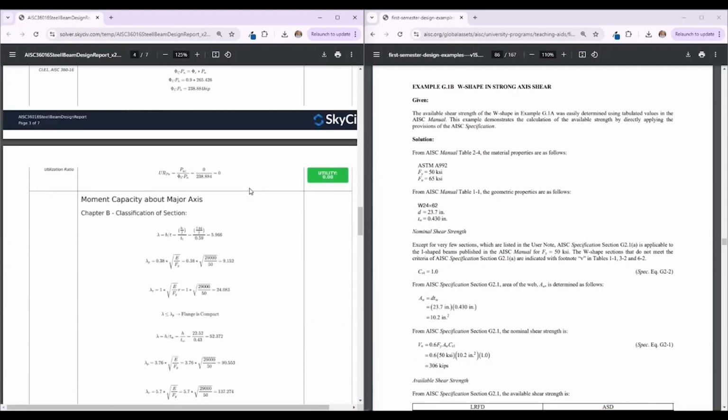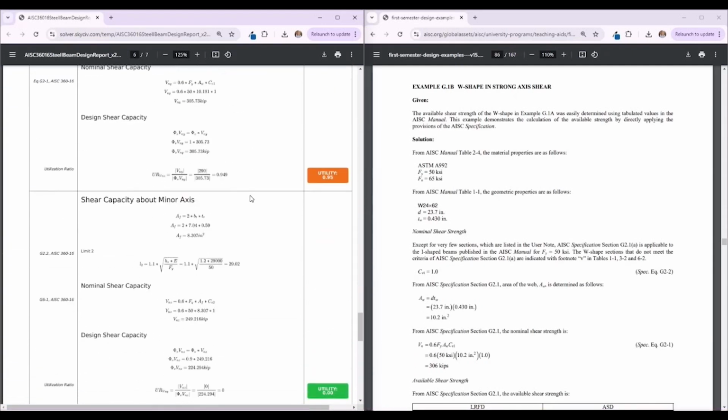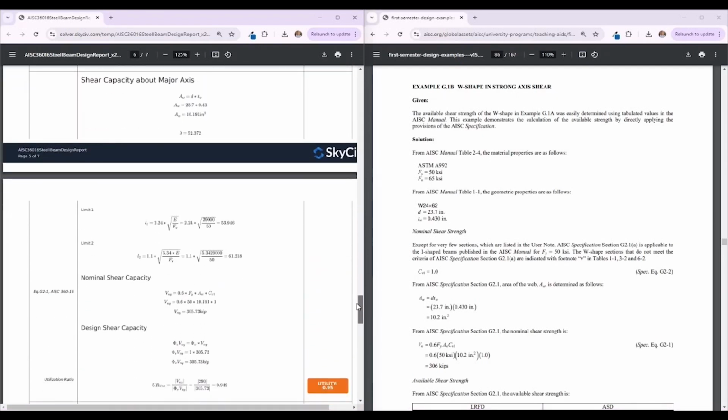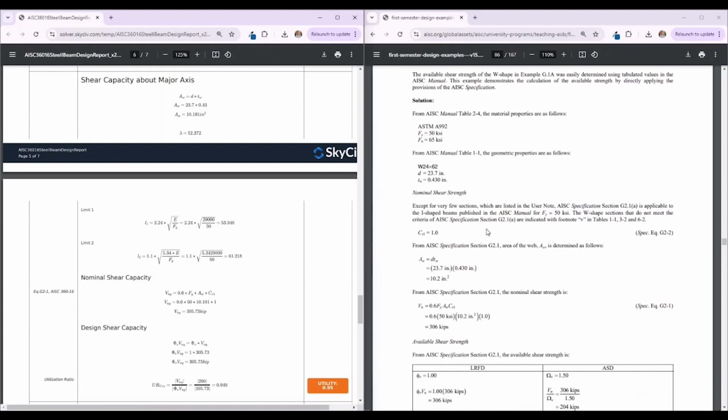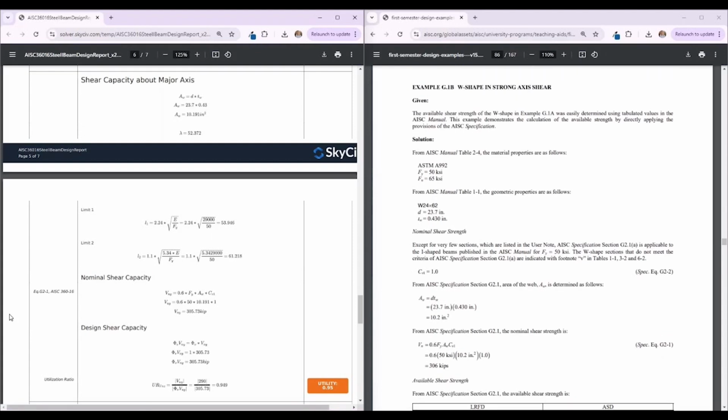Continuing on, let's scroll back to the shear capacity about major axis calculations in the report. The AISC design example solution continues with nominal shear strength. Except for very few sections which are listed in the user note, AISC specification section G2.1a is applicable to the I-shaped beams published in the AISC manual for Fy equals 50 ksi.